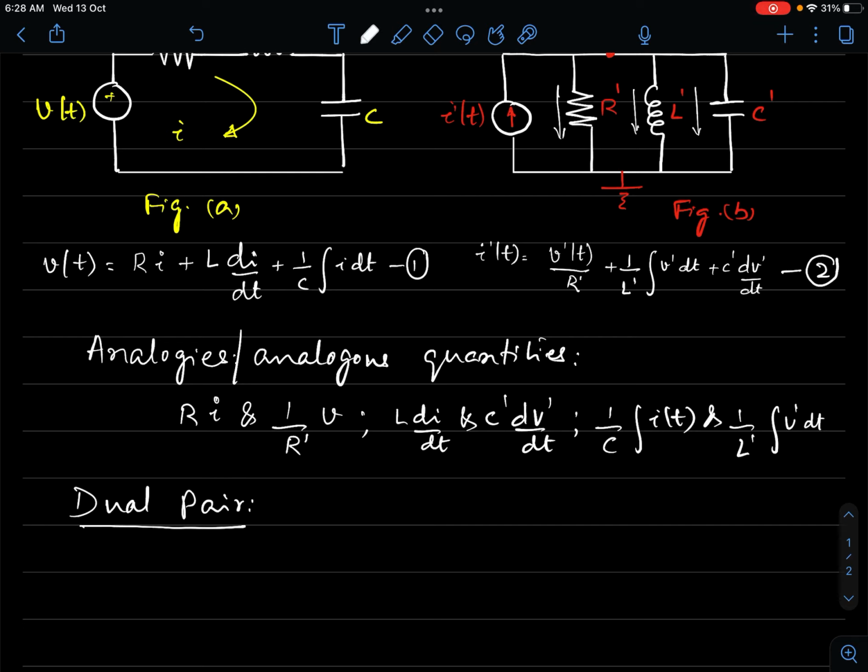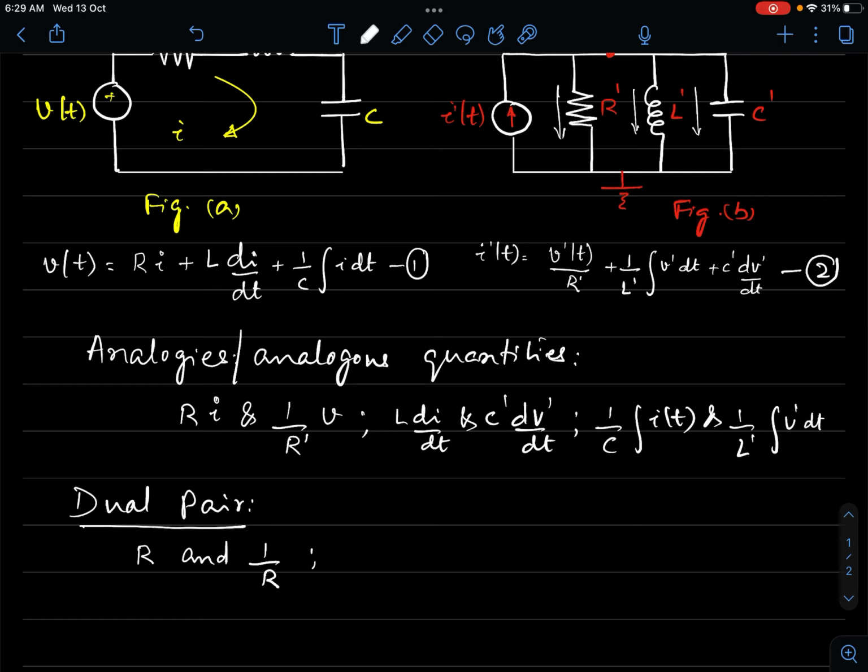That is the question we are now facing. If we look at this analogy, we can easily say wherever we have R, it will have a dual of 1 by R. R is replaced by 1 by R, then it becomes a dual.